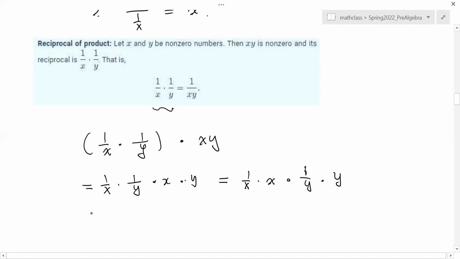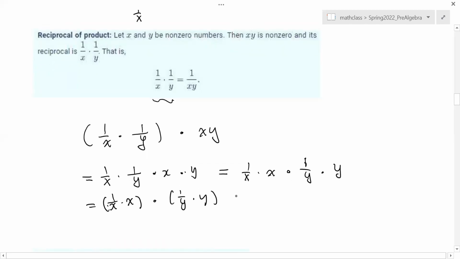Then you can also put parentheses there, so you can do this first and that first. Every step is legal. And then by the definition of the reciprocal of x, this is going to be 1 times 1. So 1 times 1 must be equal to 1.